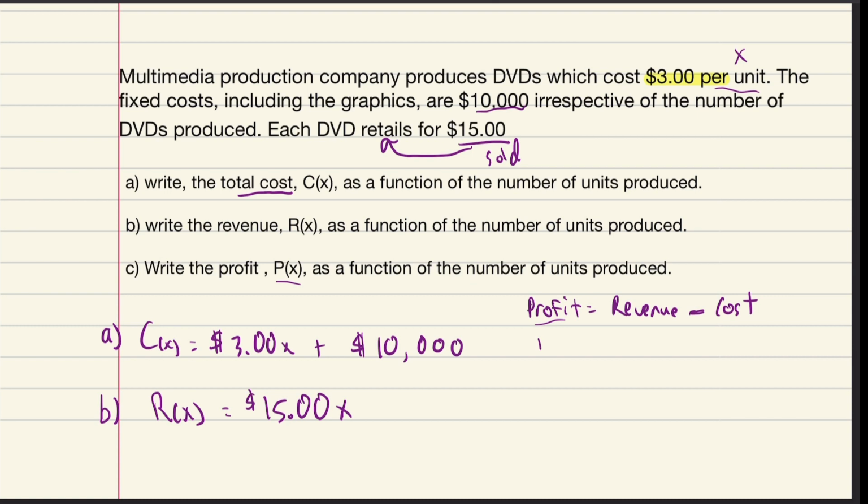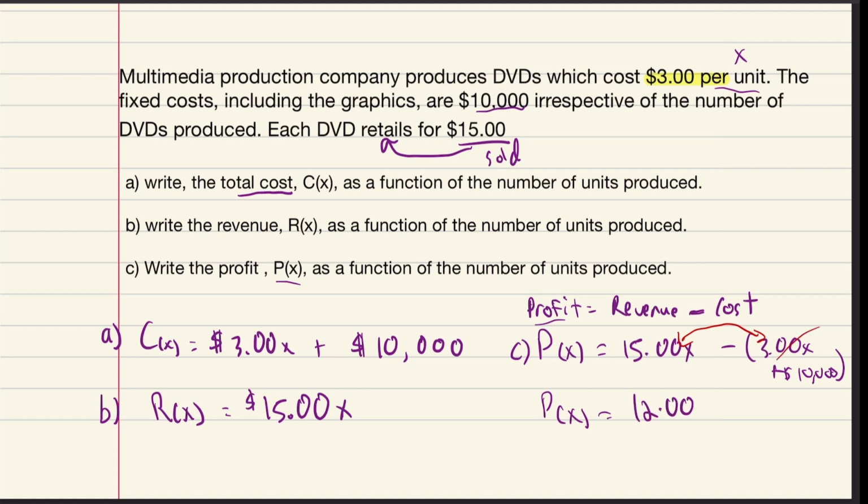And so when we think about profit at x as a function of x, then that would be 15.00x minus 3.00x plus $10,000. And then these would simplify over here as like terms. That would simplify to $12.00 per CD times x minus $10,000.